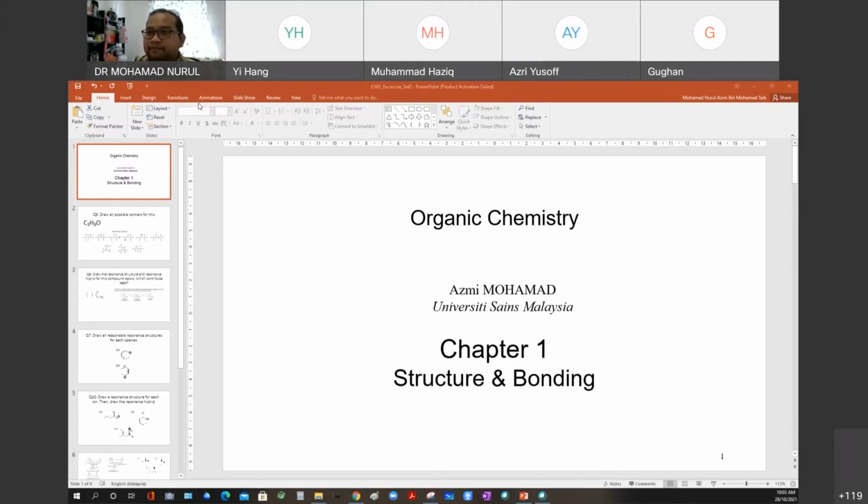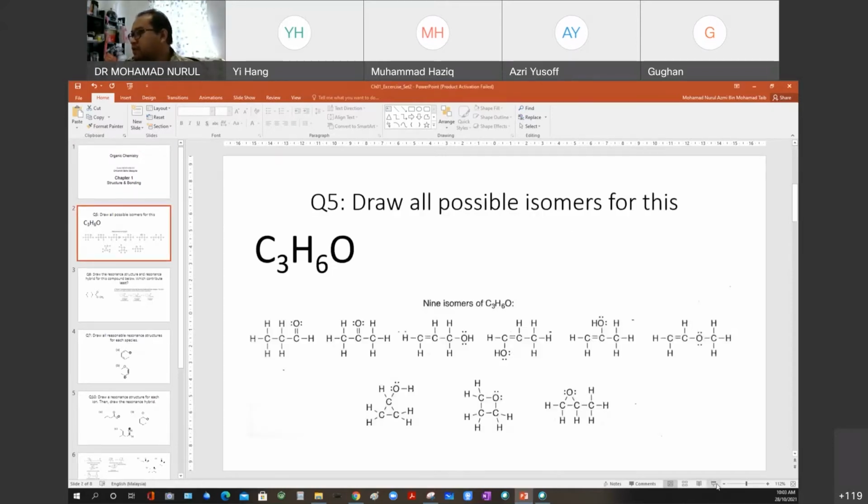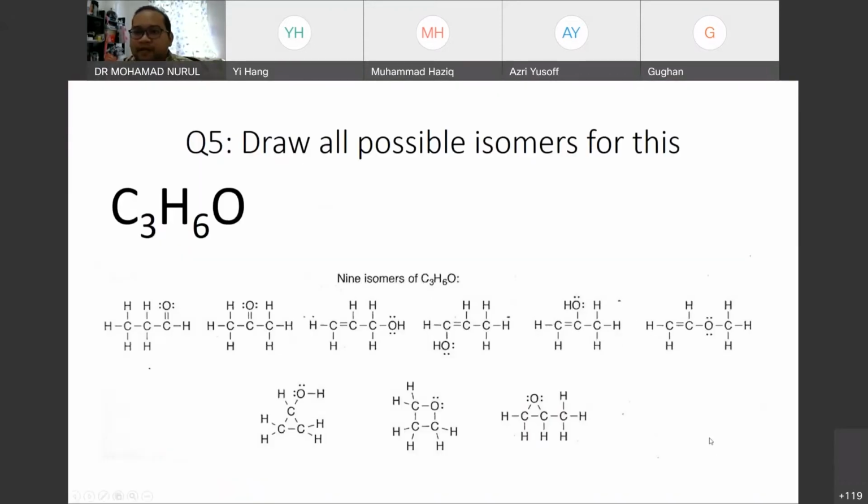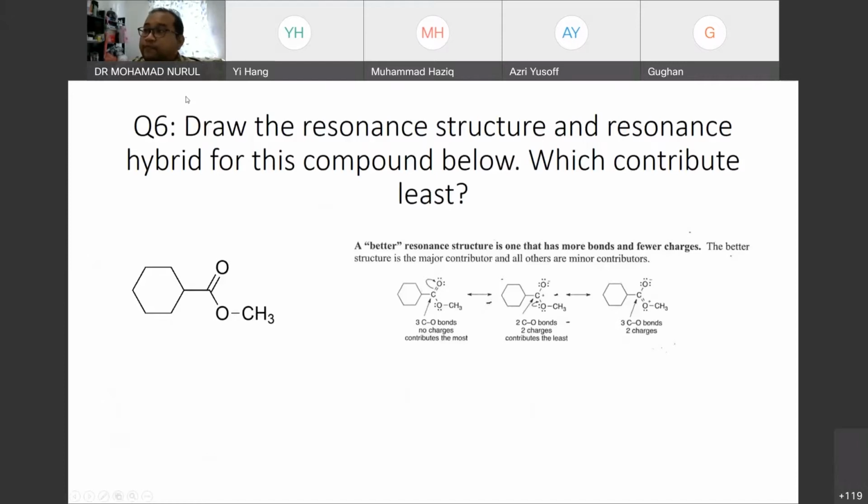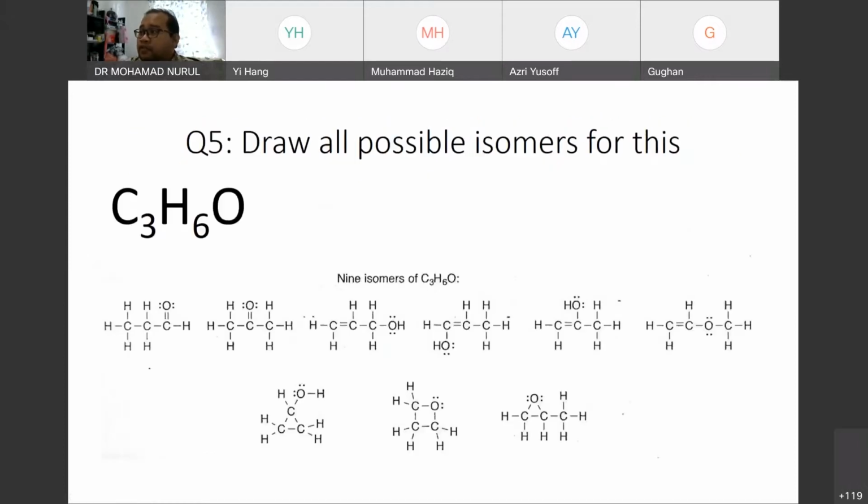Question number 1: draw all possible isomers for the molecular formula C3H6O.